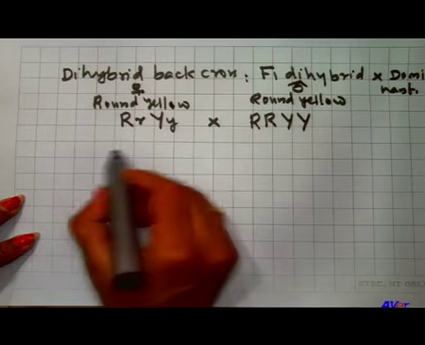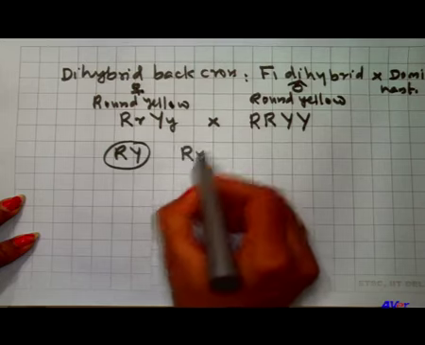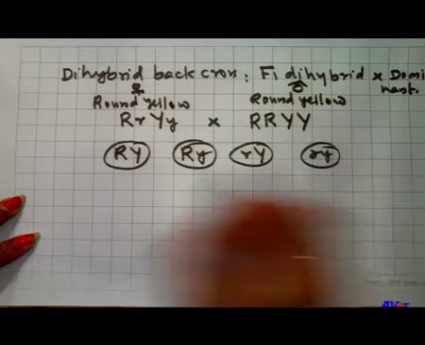Gametes: capital R, capital Y; capital R, small y; small r, capital Y; and small r, small y.